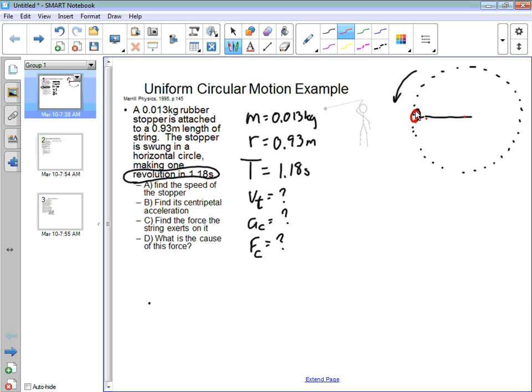Right, but at this particular point, it's going straight down. So this is going to be the tangential velocity, v sub t. What else can I list off on here? What is the direction of the force, do you think? And the acceleration? Yes, to the right.